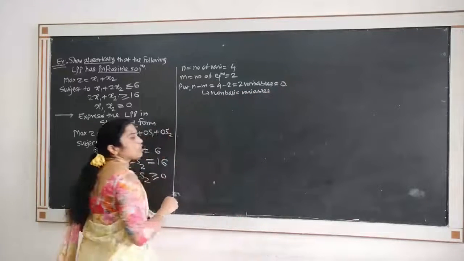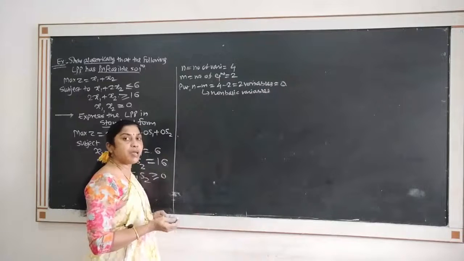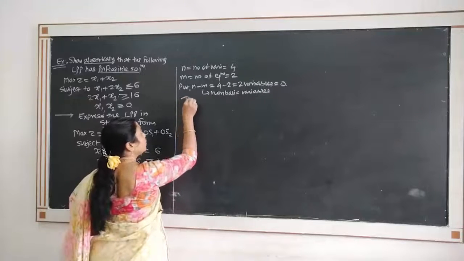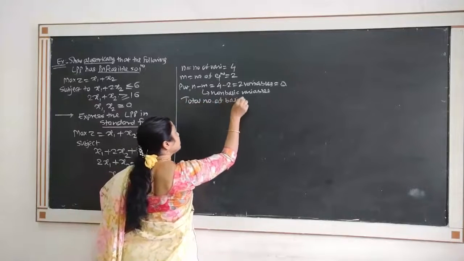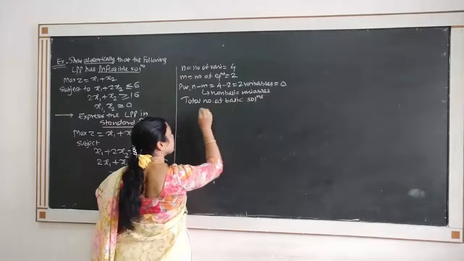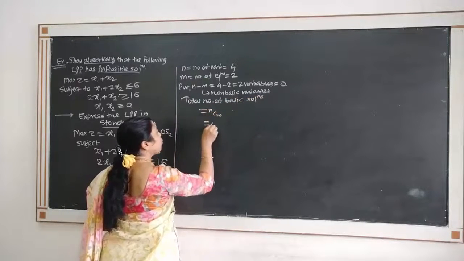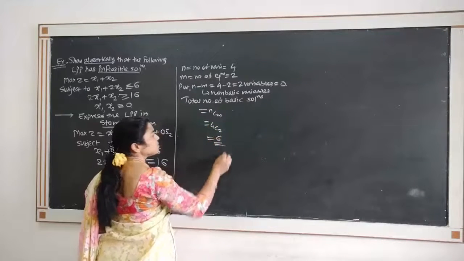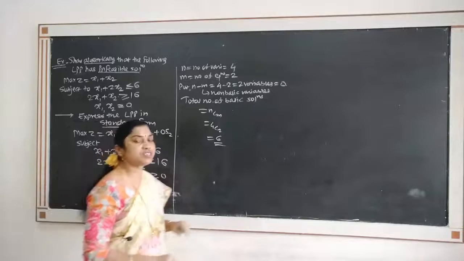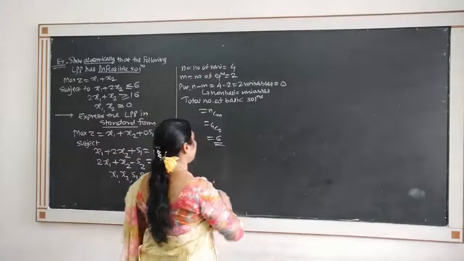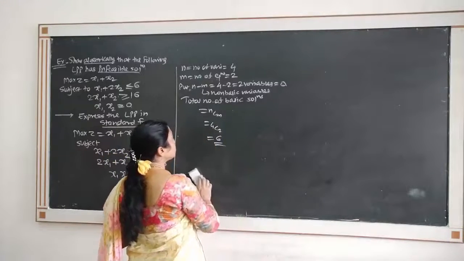And then we solve the remaining m equations in m variables. The total number of basic solutions is nCm, that is 4C2, equal to 6. So there are 6 solutions, and we first find those 6 solutions.